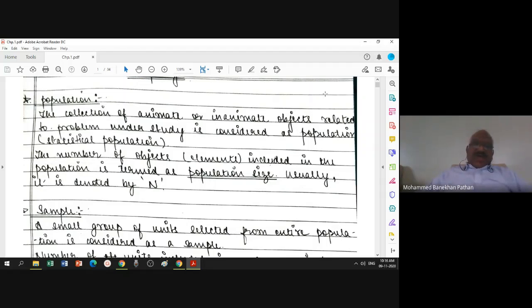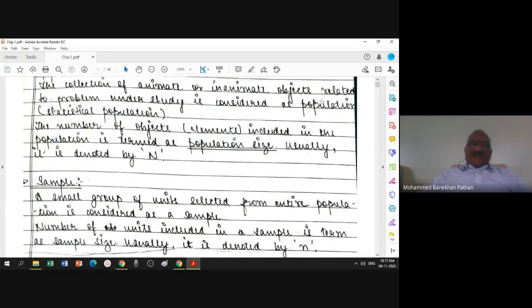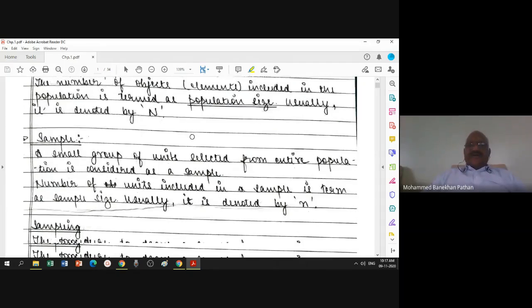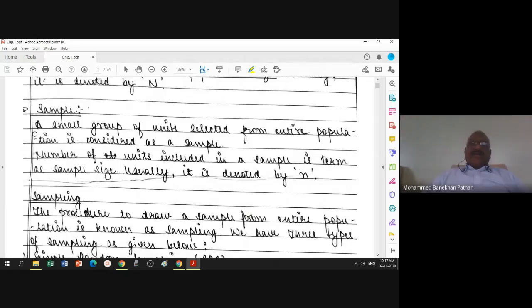Next, the number of objects under your study is called the population size, and usually the population size is denoted by capital N. So once you have the population pre-specified according to your problem, then we go ahead for taking a sample.